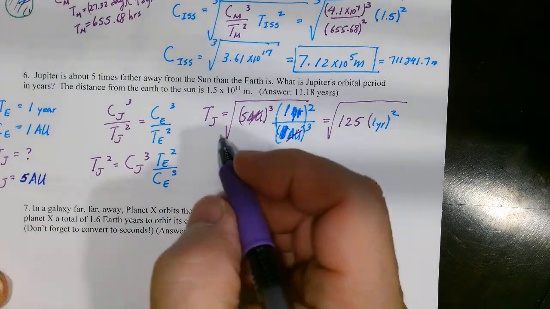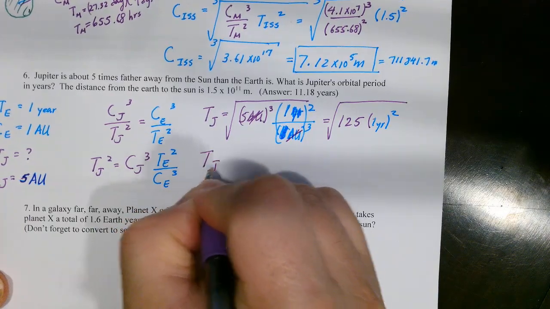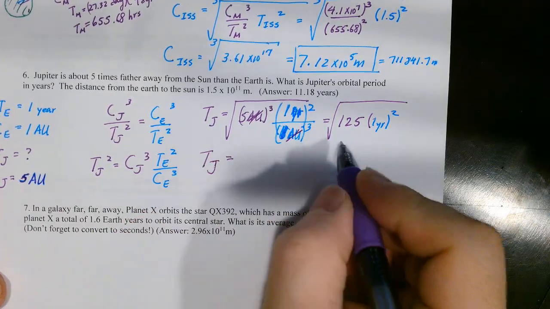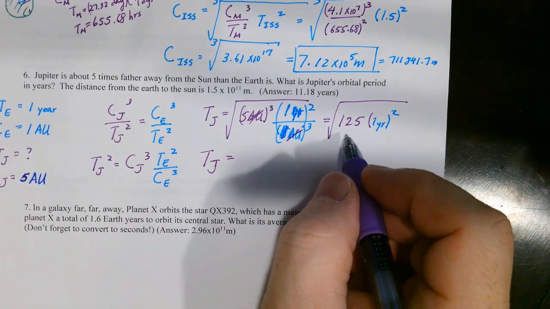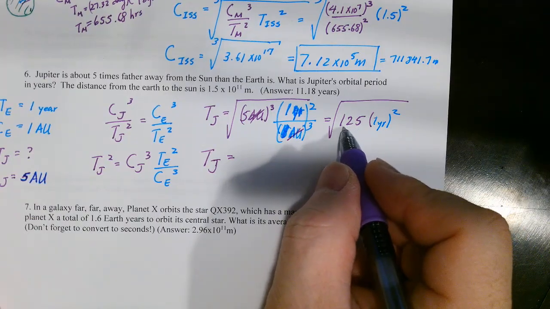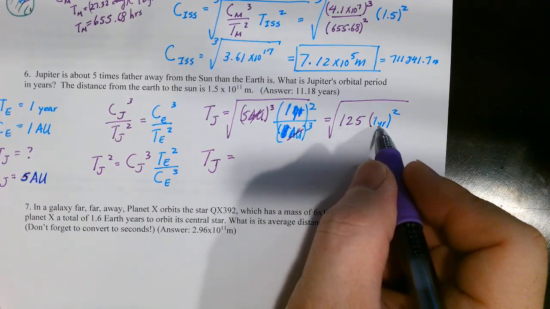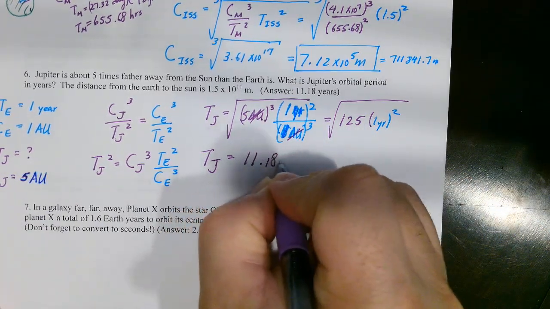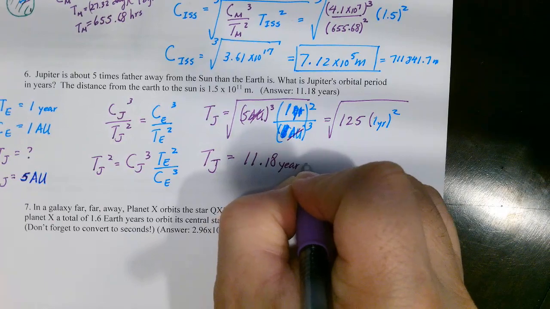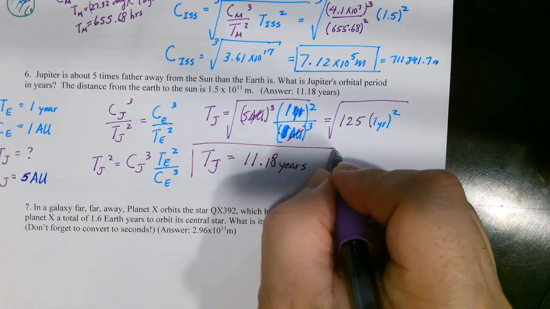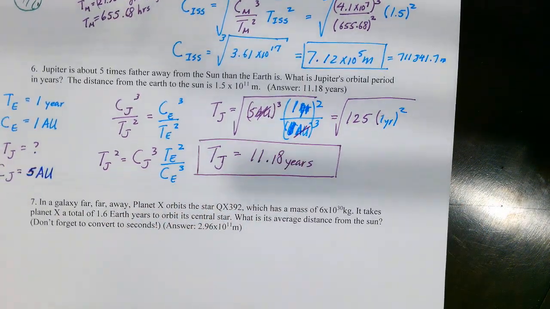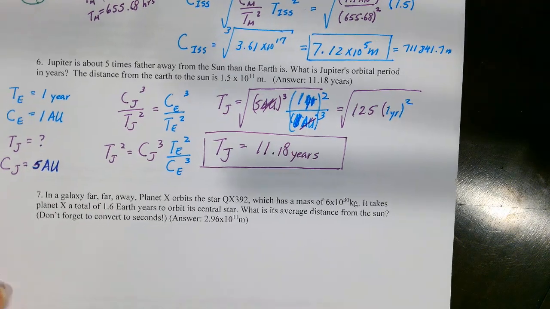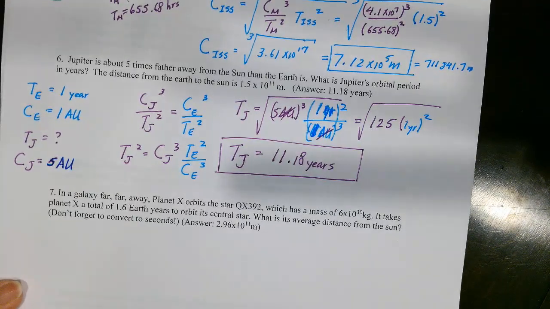Therefore, the period of Jupiter is equal to the square root of 125 years squared, which is 11.18 Earth years. So it takes 11.18 Earth years for Jupiter to go around the Sun.